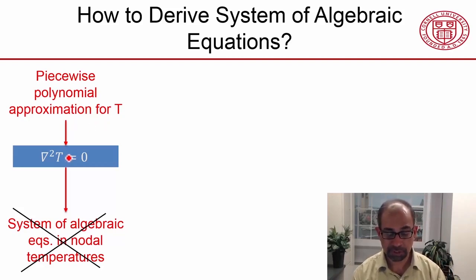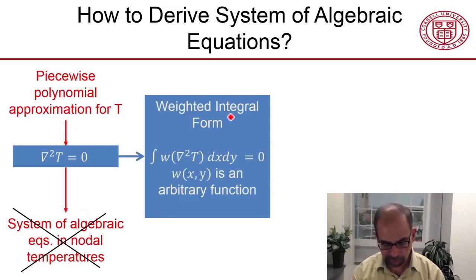And if we plug it into the differential equation, we won't get our algebraic equations as we saw in the 1D case. The same thing applies in the 2D. So we go to the weighted integral form, where we multiply the differential equation with a weight and integrate over the entire domain. Now it's an area integral, so it becomes more complicated.